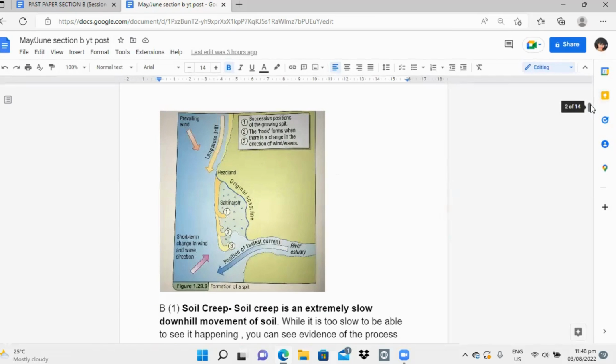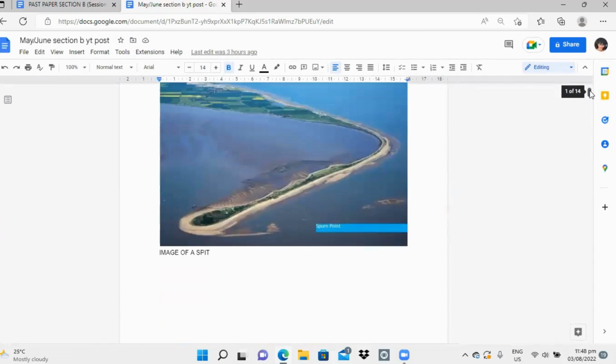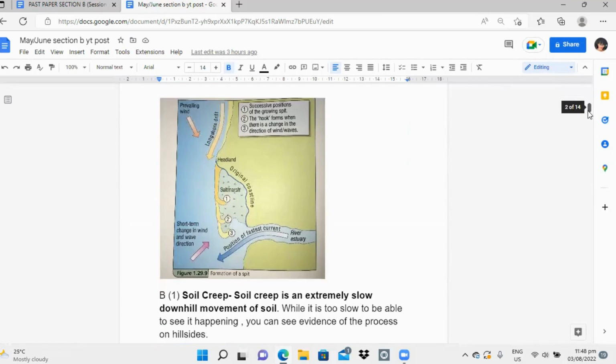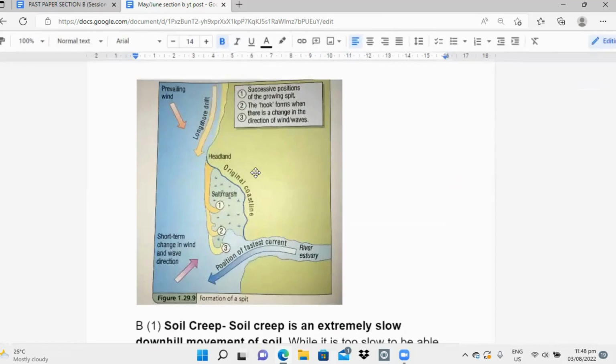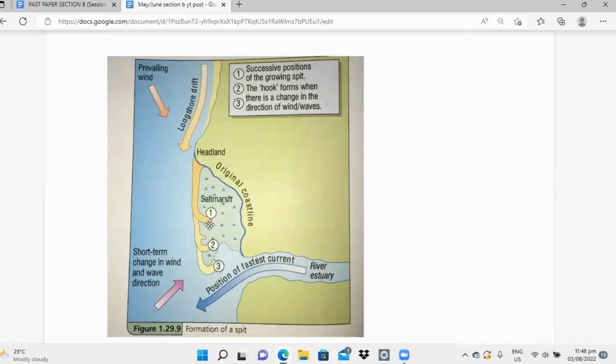So for example, with the image here, where you see the hook, this is formed by a change in wind and wave direction. The change in wind or wave direction changes the direction that these sediments are traveling in, and that is what causes the hook.